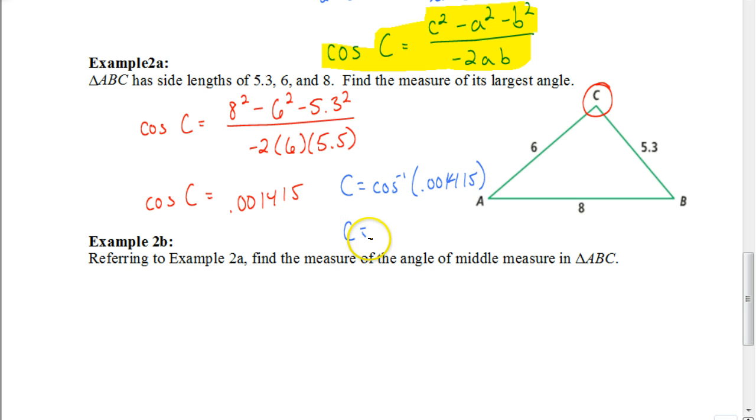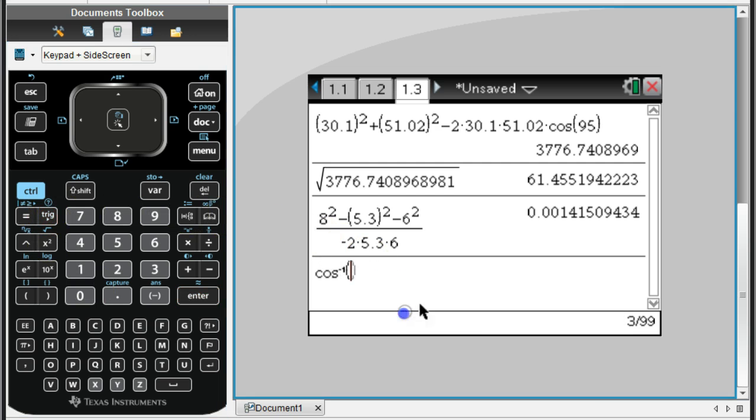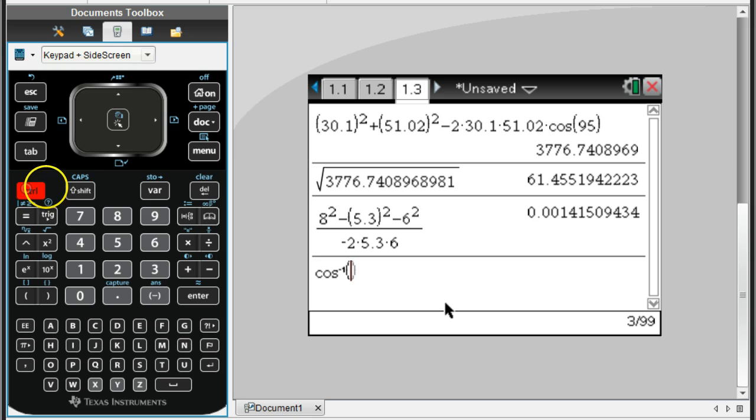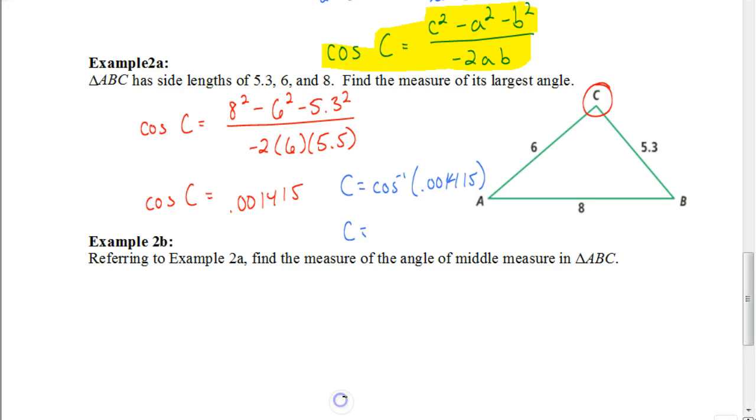And just like we did before on our calculators, I'm going to take the inverse cosine, but instead of typing anything in, I'm going to hit Control negative to get to my previous answer. So that way we can make sure we're being the most accurate. So we get 89.9 degrees. And that's your answer for angle C. Angle C would be 89.9 degrees.